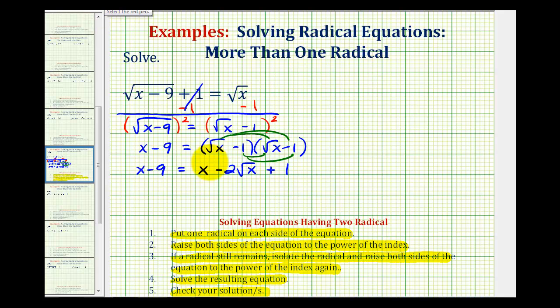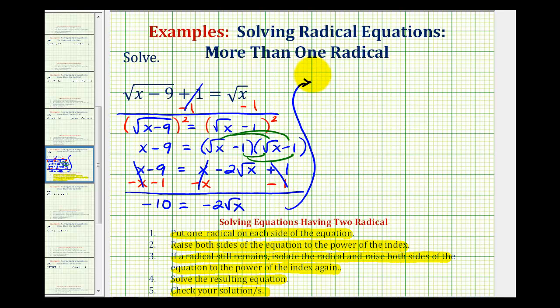Let's start by subtracting x on both sides, as well as subtracting 1 on both sides. So here this would be 0, this would be negative 10 equals, this would be 0. We have negative 2 square root x, and this would be 0. Let's go ahead and finish this up here.